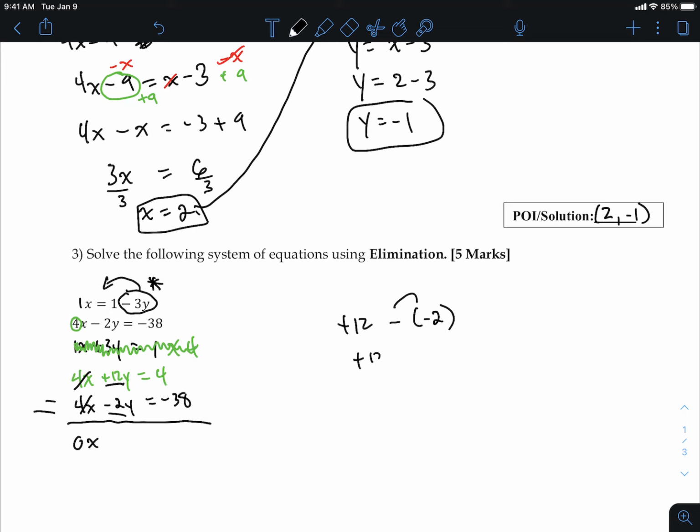And so I get positive 12 plus 2. Same thing down here. I'm going to get positive 4 minus negative 38. So I essentially get 4 plus 38, which is going to equal 42.